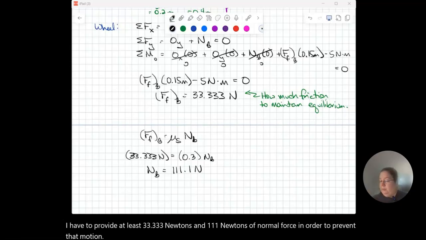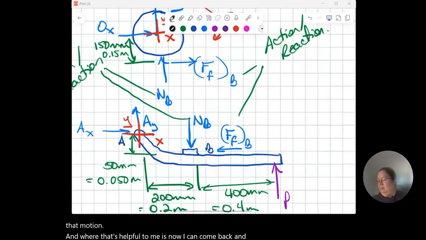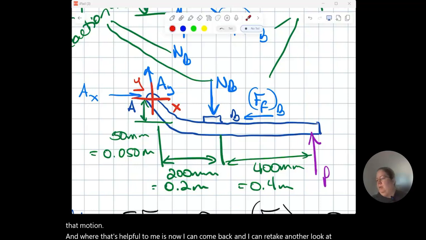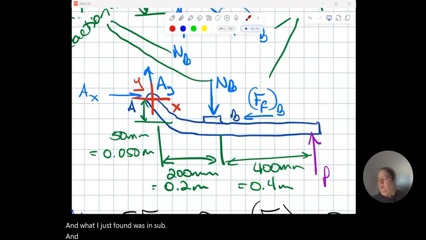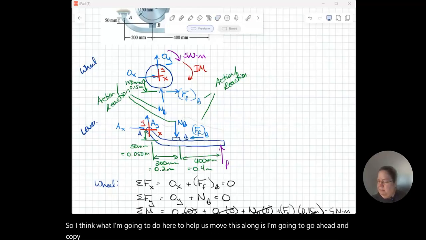And where that's helpful to me is now I can come back and retake another look at my lever free body diagram. What I just found was N sub B and my friction force at B. So to help us move this along, I'm going to go ahead and copy my free body diagram.